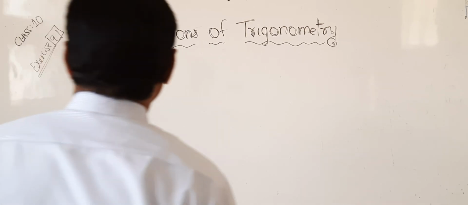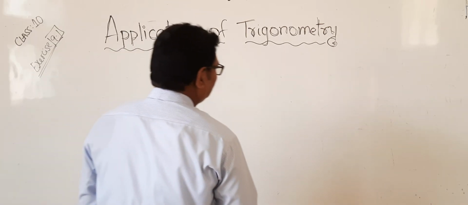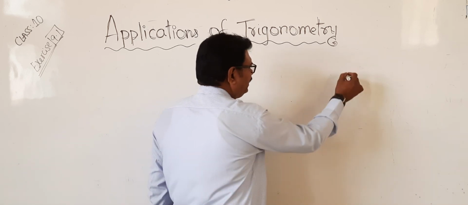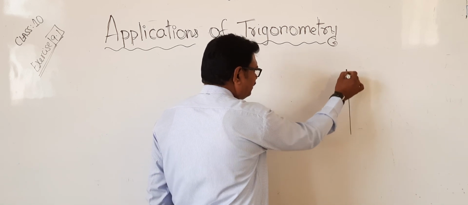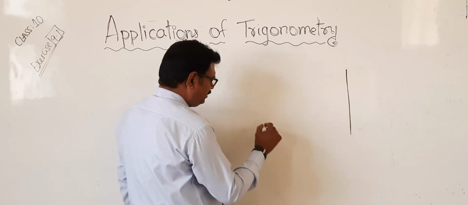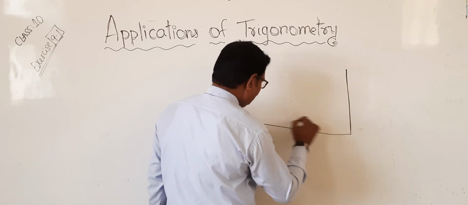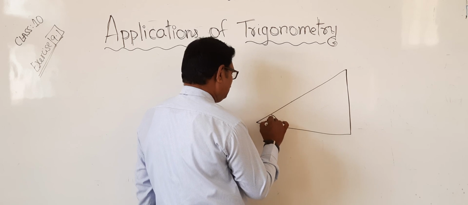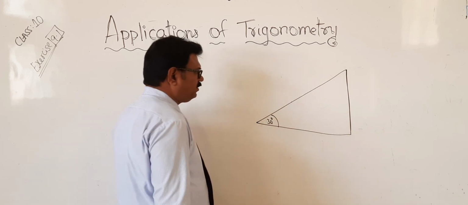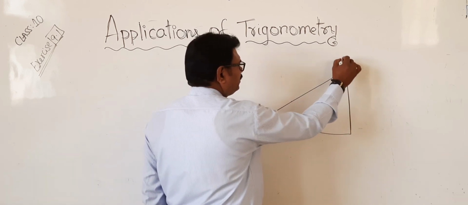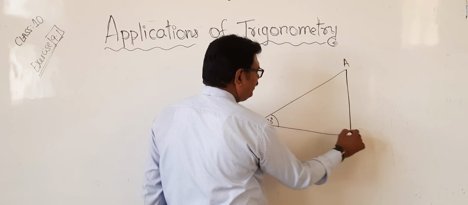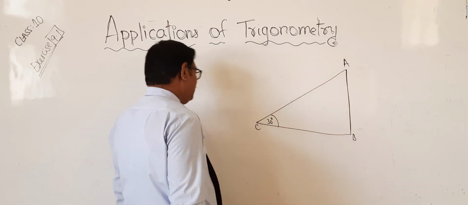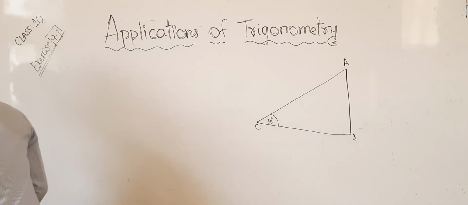Yes, next question. One more question is there. Here it is a tower. The angle of elevation is 30 degrees. That is A, B and C with a distance of 30 meters.